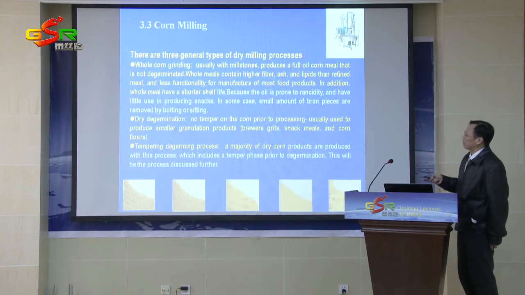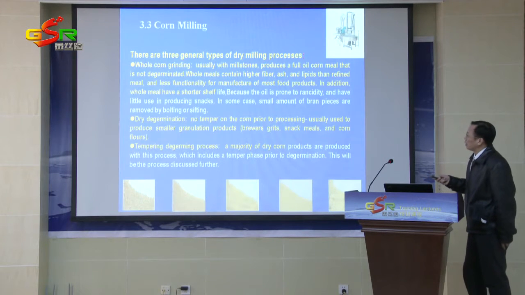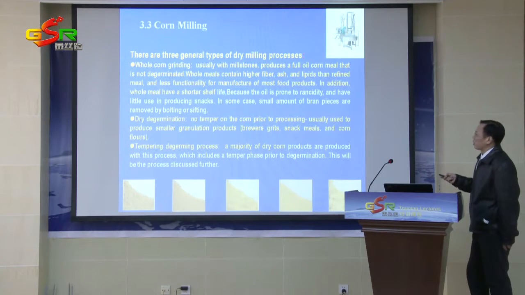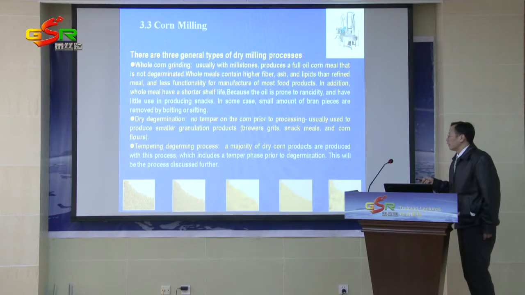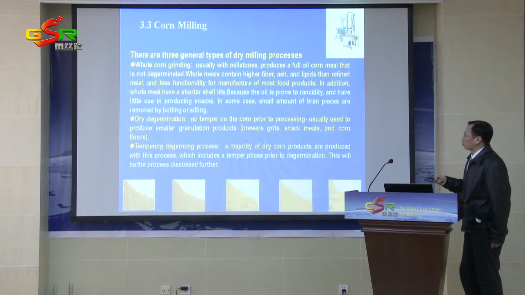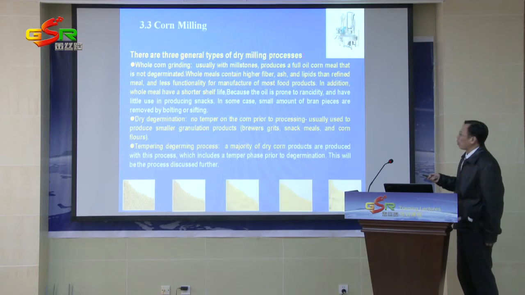For example, the brewer's grits, snack meal, and corn flour. And the third processing for the corn dry milling is the tempering and degermination process. This is the majority of dry corn processing for the corn dry milling.